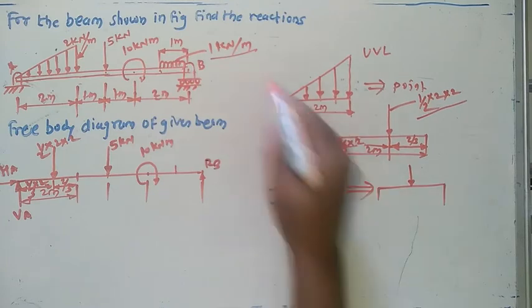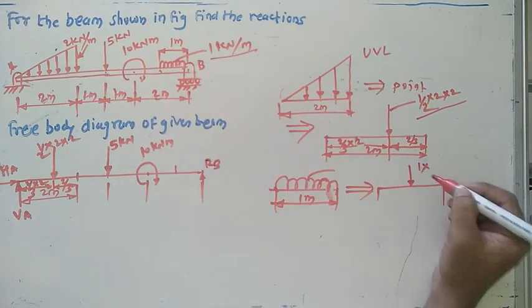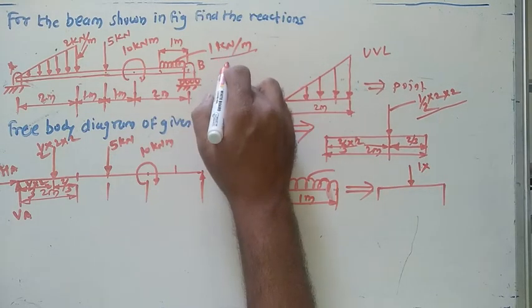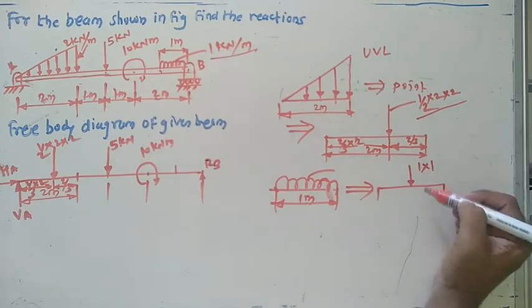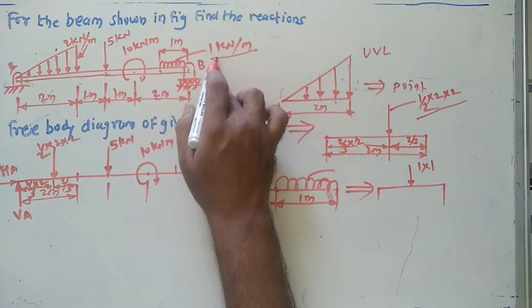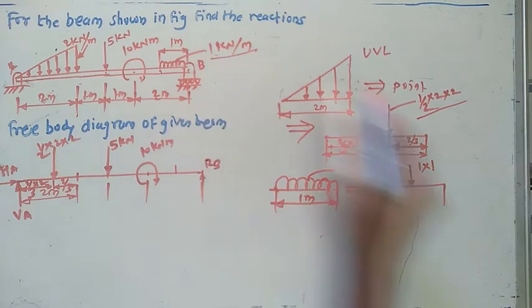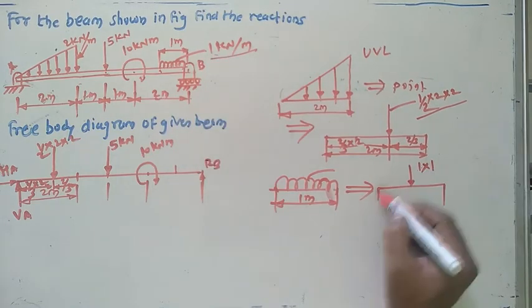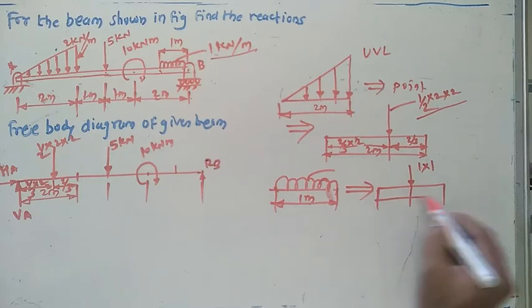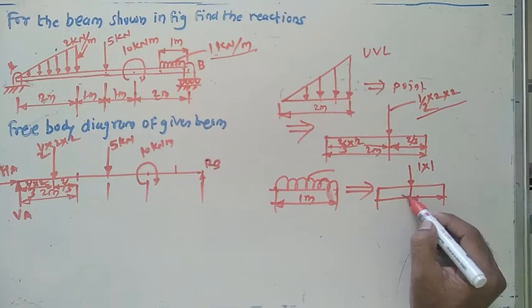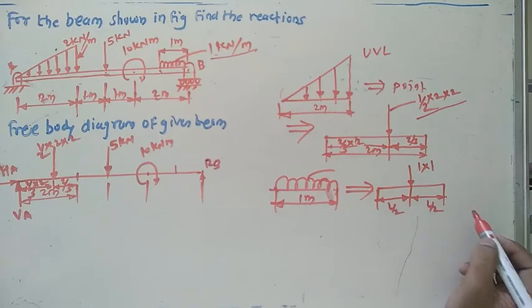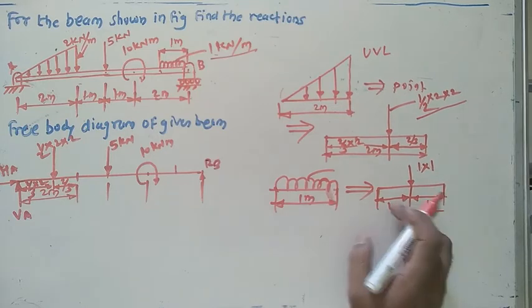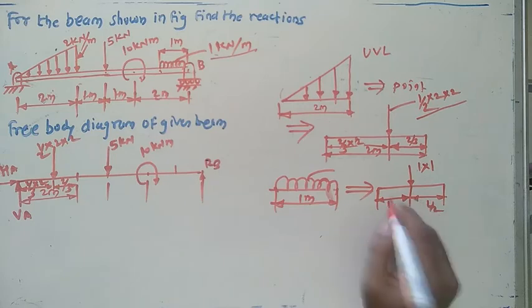So what's the magnitude for the same? Value or intensity of the load multiplied by distance. So distance is here 1, and the intensity or magnitude of the load is 1 kilonewton. So 1 multiplied by 1, located at a distance of half from both sides. L by 2 from this side and L by 2 from this side. L by 2 means here 1 by 2, since the total length is 1.